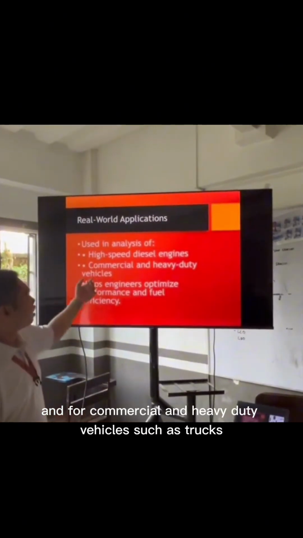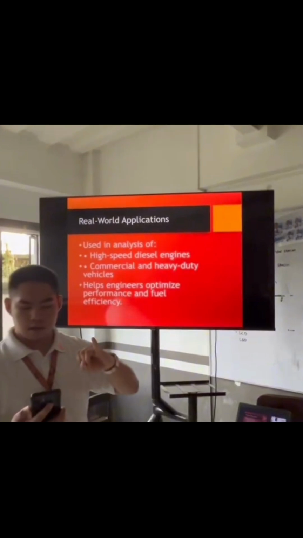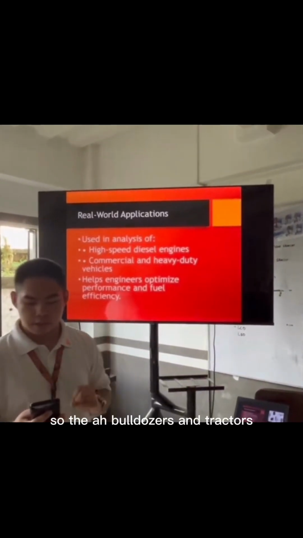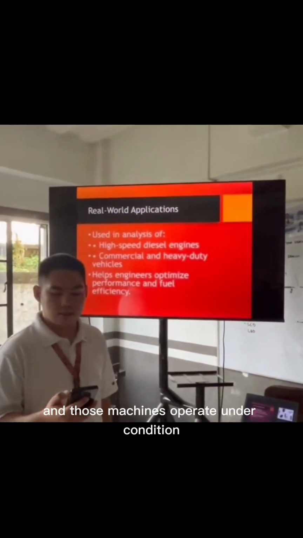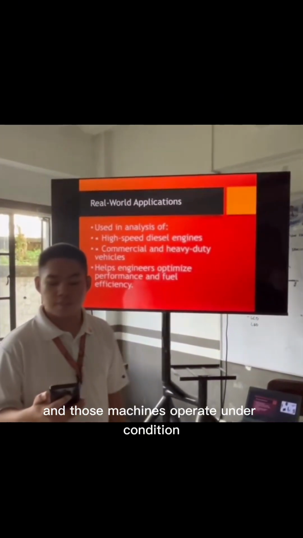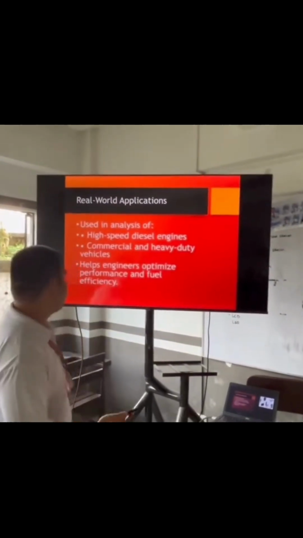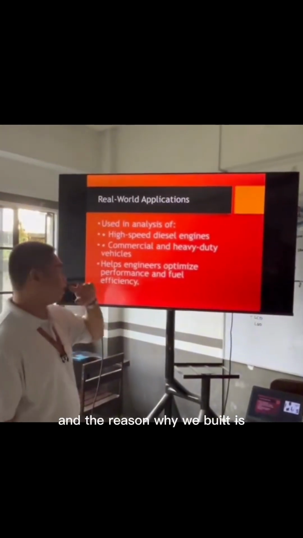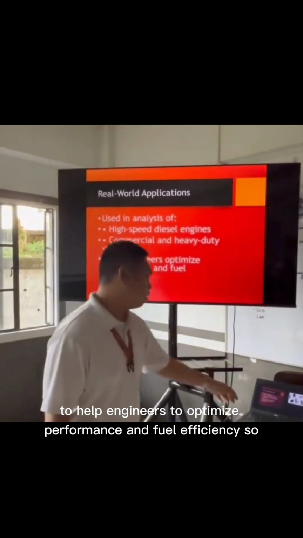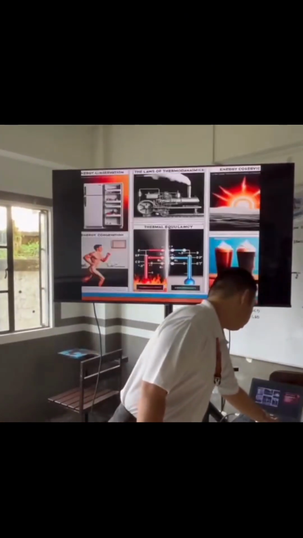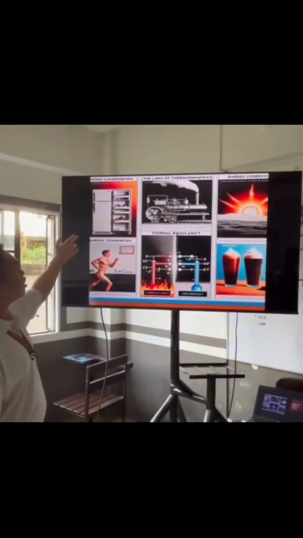And for commercial and heavy-duty vehicles such as trucks, bulldozers, and tractors, the reason is that high-load diesel engines in those machines operate under conditions best modeled by the dual cycle for accurate performance analysis. The reason why we study this is to help engineers optimize performance and fuel efficiency. So, such as this, the dual cycle of the energy conservation.